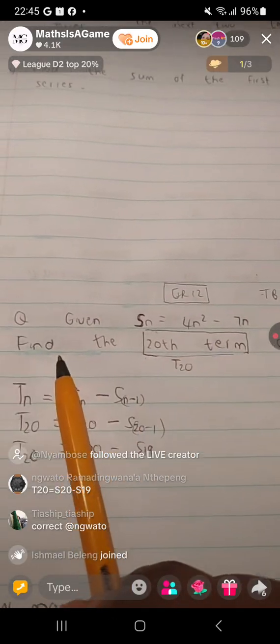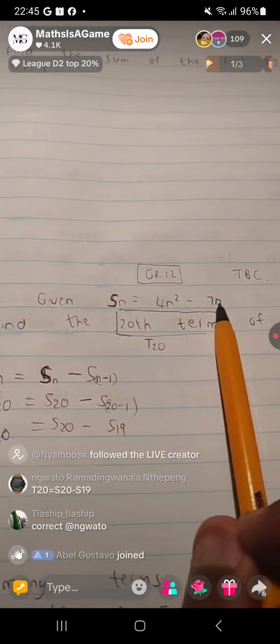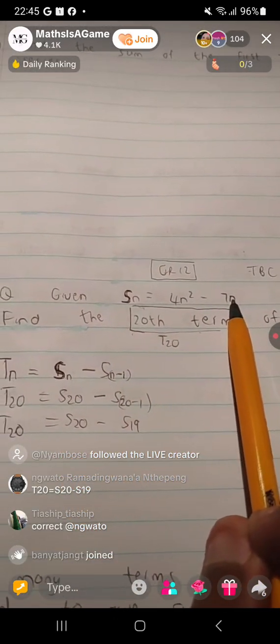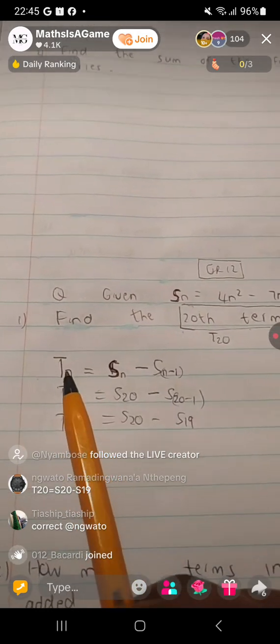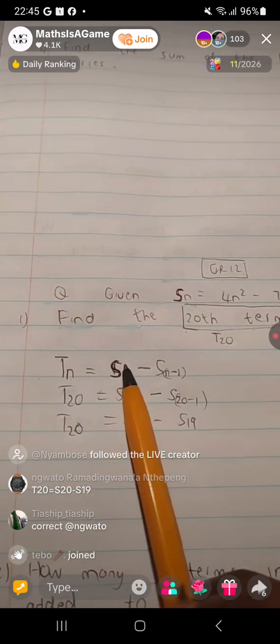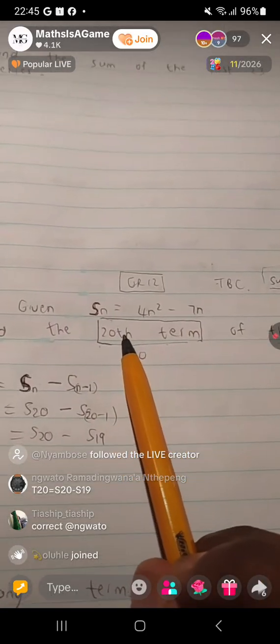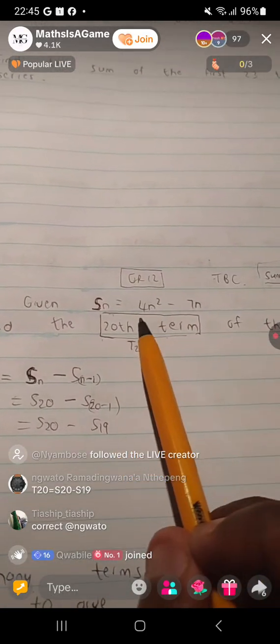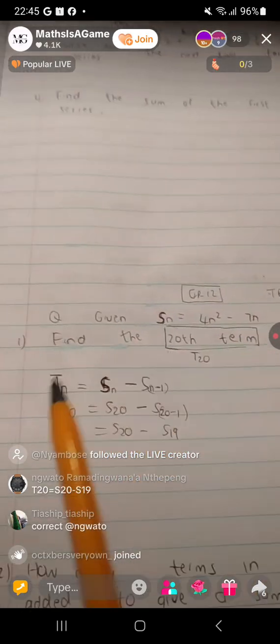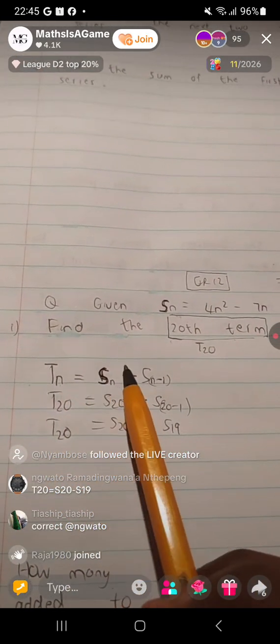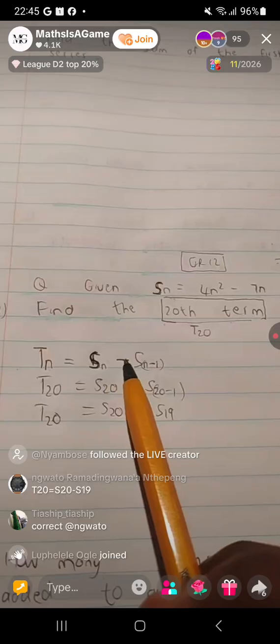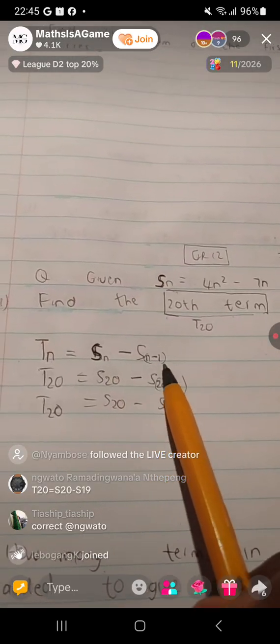So had we, for instance, been asked what is term 4 of this particular series, then we use the formula. T4 is equal to S4 minus S3. Had they asked us to find term 7 of this series, we would have said term 7 is equal to the sum of the first 7 terms minus the sum of the first 6 terms.